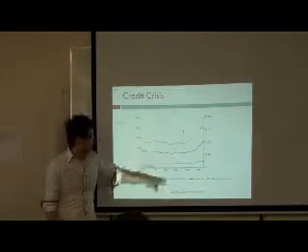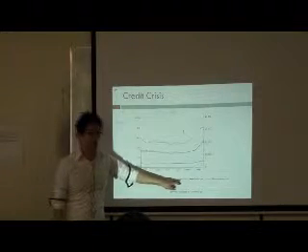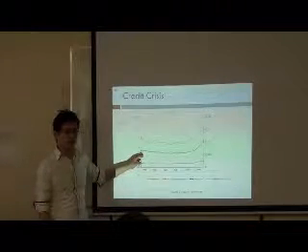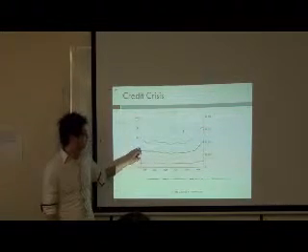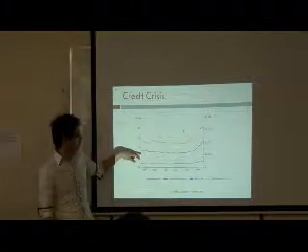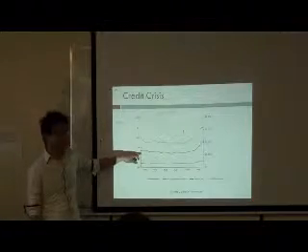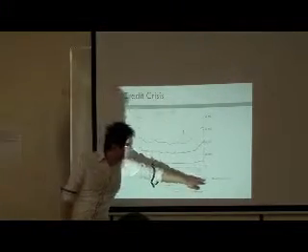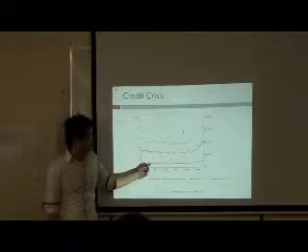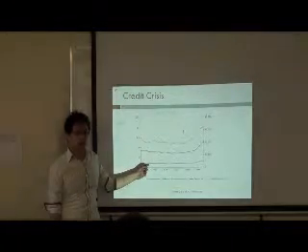The second line here is the number of consumer bankruptcies. How many people declared bankruptcy? Still very stable, above 3%, around 3.5%. Okay. The last line here is the 90 days delinquency rate.